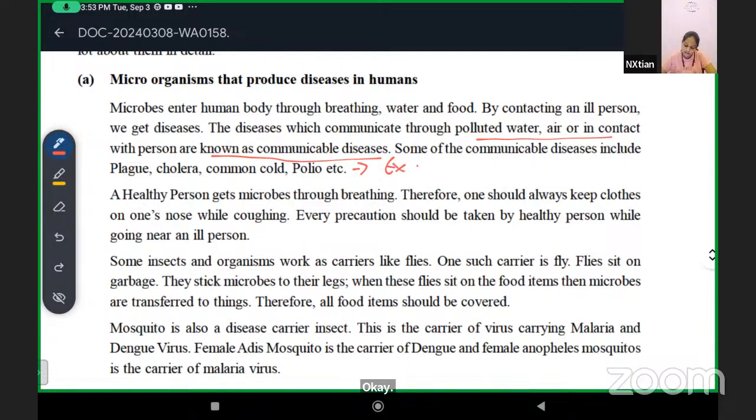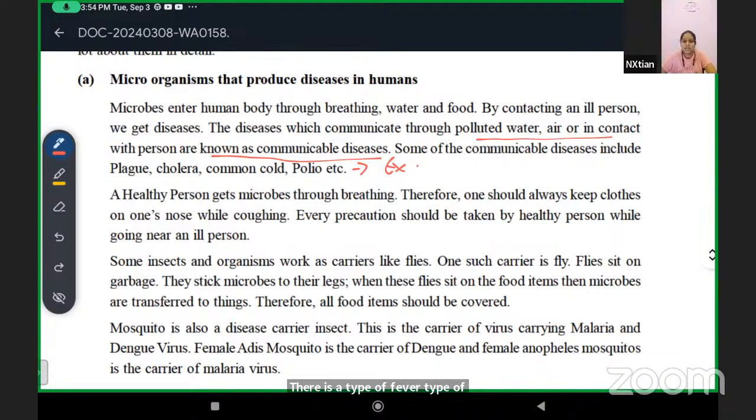Now, what's cholera? Anybody wants to explain this again? Ma'am, is it cholera or cholera? Cholera. Okay. I thought it's a type of fever. It's basically a disease that is caused by microbes from the water.